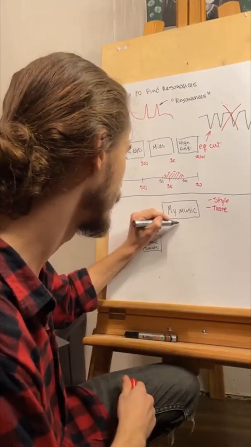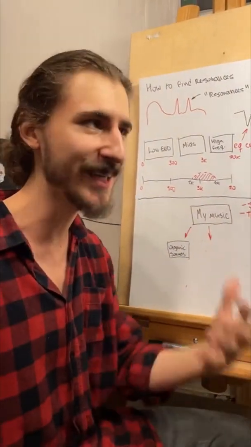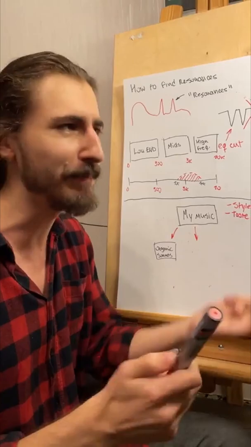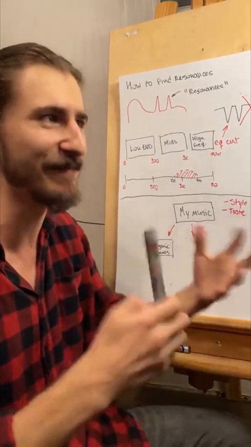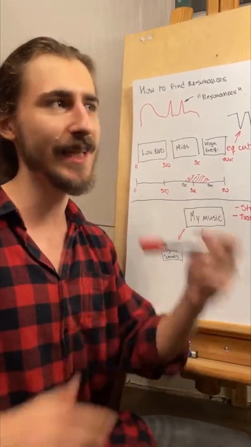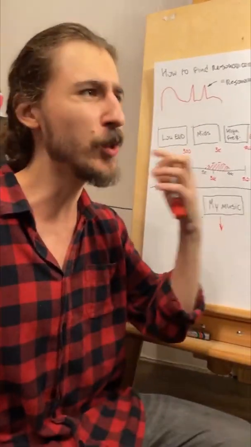So for example, if I make a house track, I could easily take something from techno, from psytrance, maybe even from dubstep if I feel like that, okay? So my approach is that you should listen to your intuition, your inner feeling, how you want it to sound.